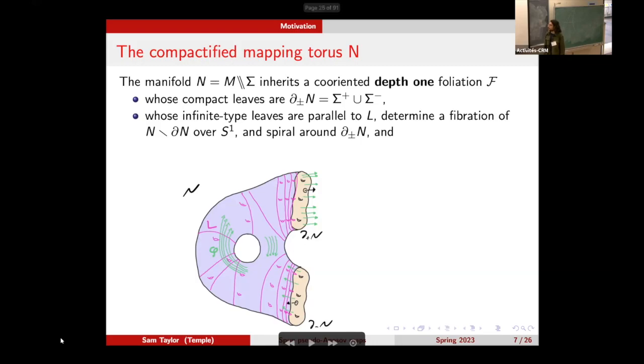So the depth 0 leaves are exactly the boundary leaves. The depth 1 leaves are these leaves that I constructed that are all parallel to L, these leaves that are spiraling into boundary plus and into boundary minus, and determine a fibration of N minus its boundary over the circle. And then what's left over is there's this semi-flow in this manifold that's transverse to L.